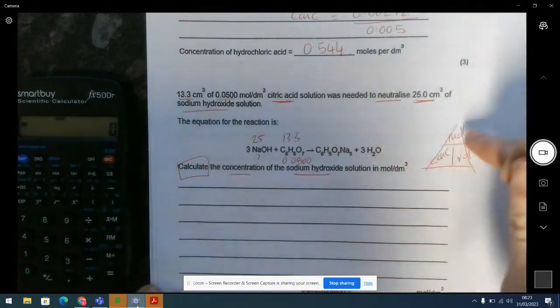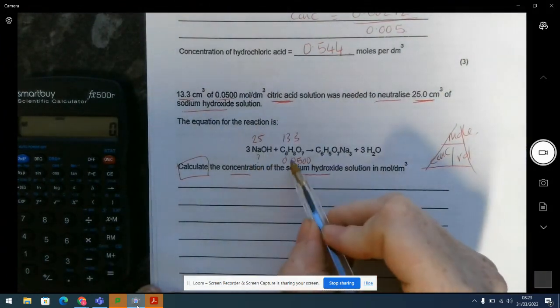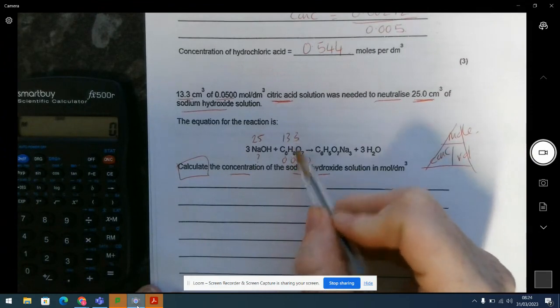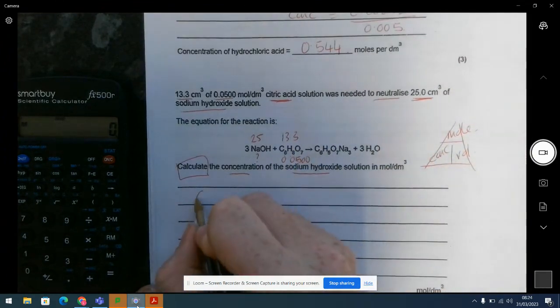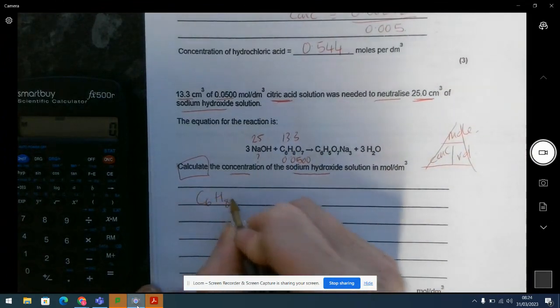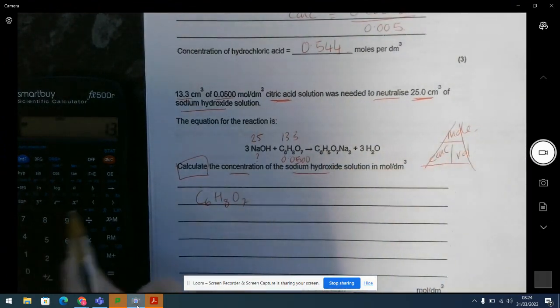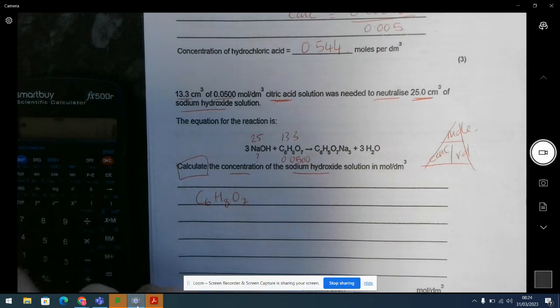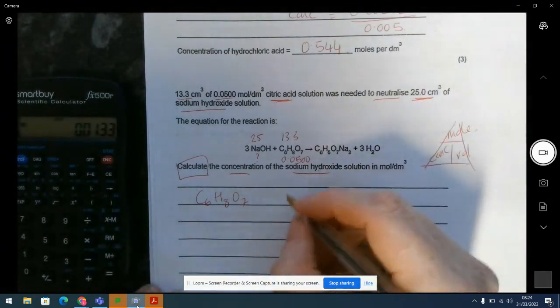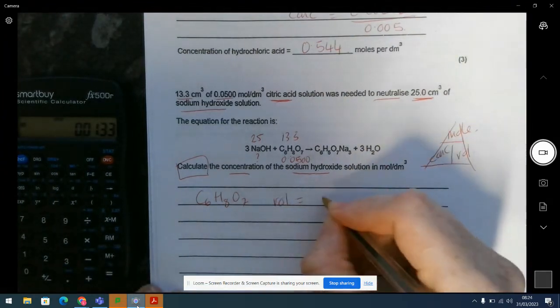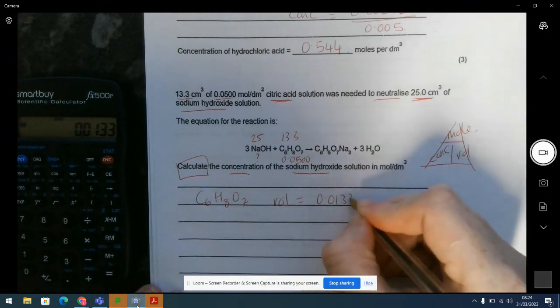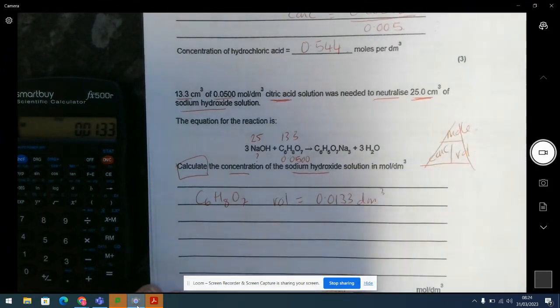So the first thing I have to do is get it into moles. So I've got to do the one that I know. So I know that citric acid has a volume of 13.3, but that is in the wrong units. I have to divide that by 1,000 to get it into the right units. So that's 0.0133 decimeters cubed.